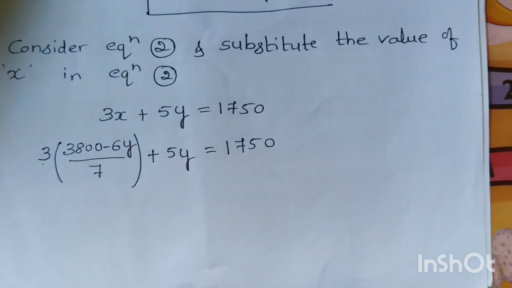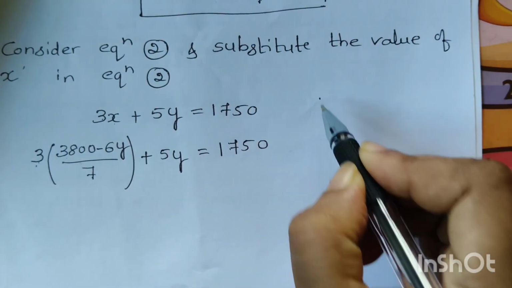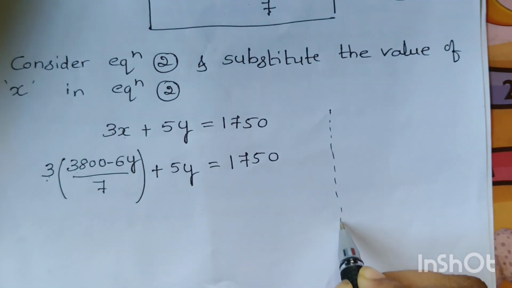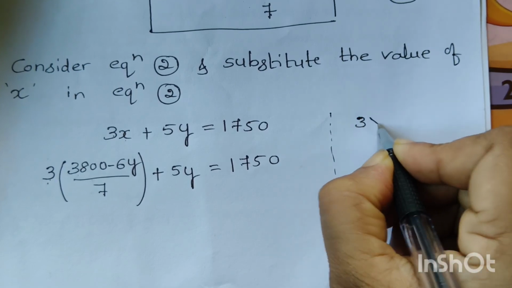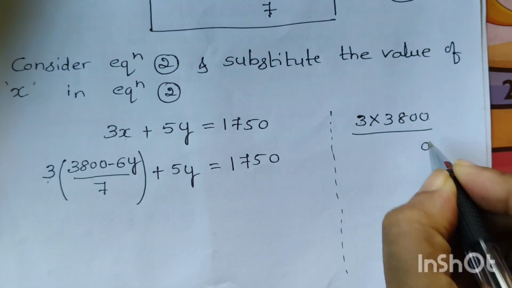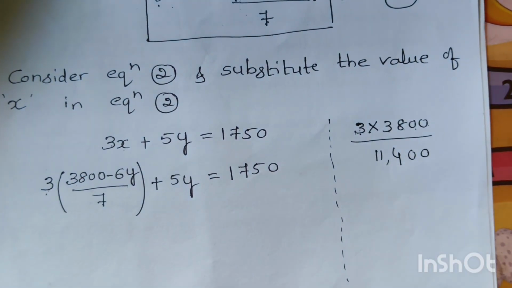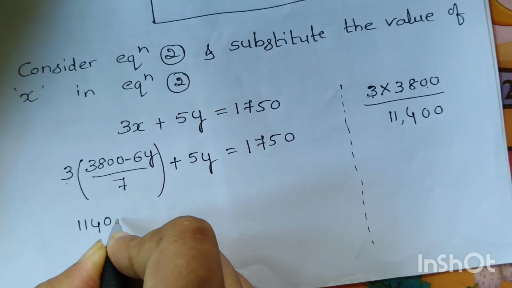3 into 3800 is how much? Let me do the calculation here. 3800 into 3 is 11,400.